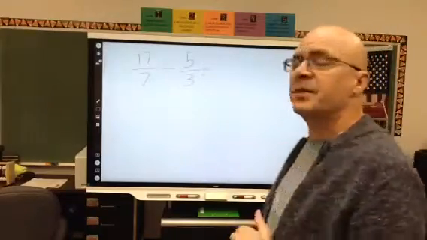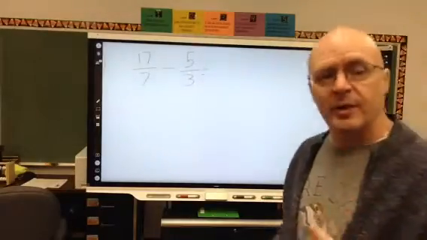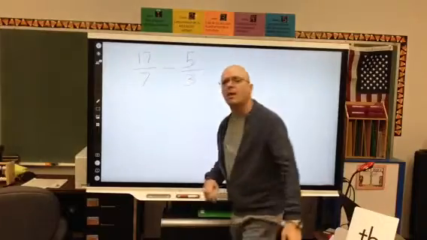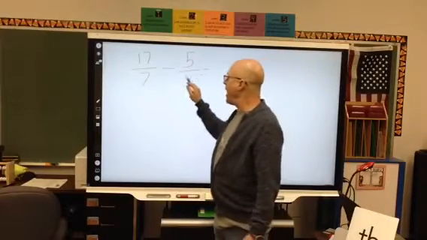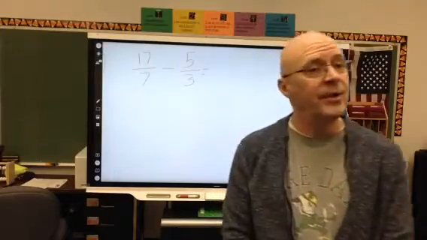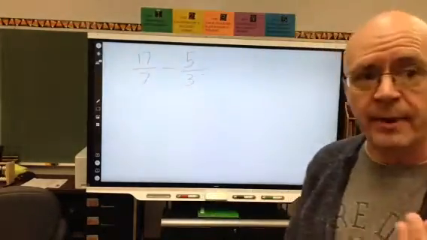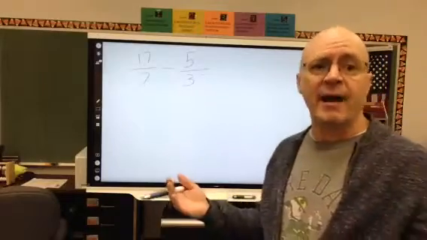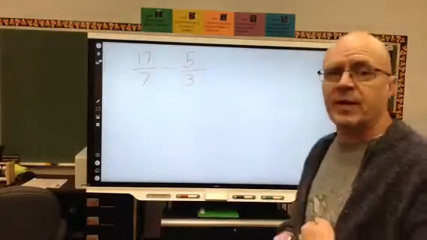In other words, we're going to times the number by 1, by 2, by 3, by 4, until they match. I always start with the smaller denominator and see if one of the multiples is actually the larger denominator. Because if it is, then I don't have to change the other one. If it's not, I have to change them both. And you'll see what I mean.